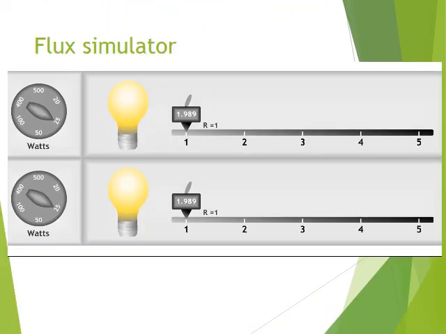Okay, I wanted to show you a little simulation to make the point that just because a star appears to be bright does not necessarily mean that it is truly a bright star. So here we have two light bulbs, and they're equal brightness in the sense they're both 25-watt light bulbs. And notice I've got a little detector here, and when I'm a distance of 1 away, I get the same amount of light received by this particular little detector.